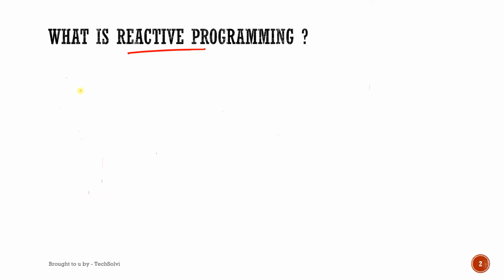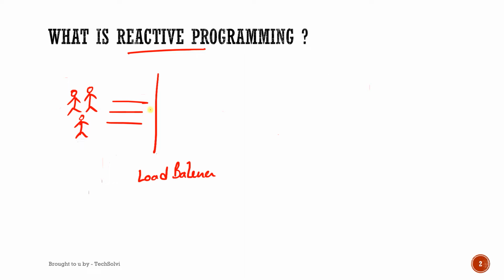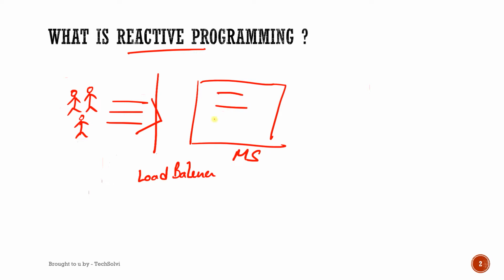For example, if there are multiple users, say a user group, this is the internet, or maybe the load balancer. As all of these users send requests, what happens in the microservice is that we end up creating multiple threads, one for each user.